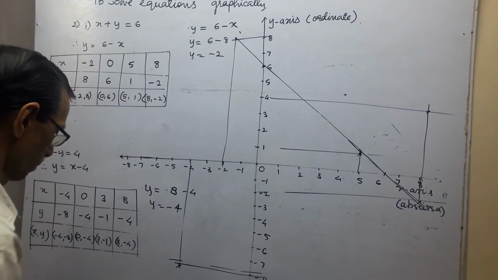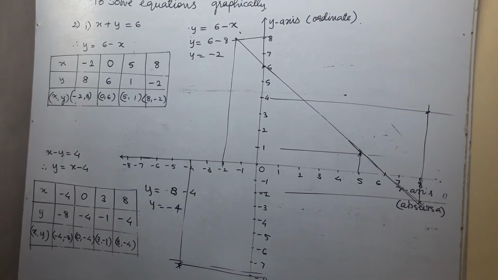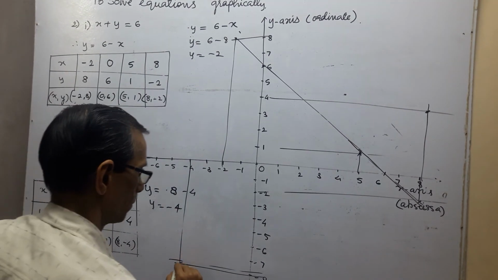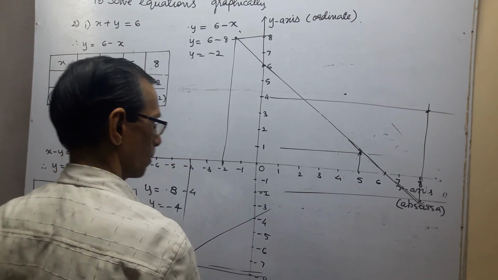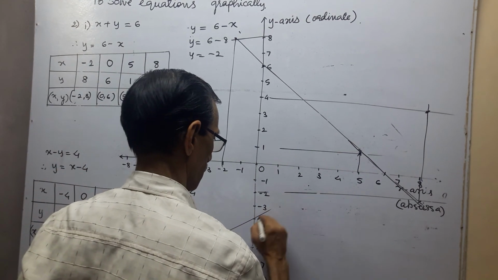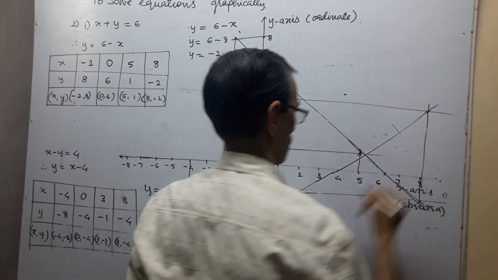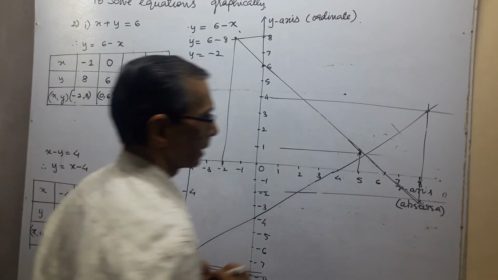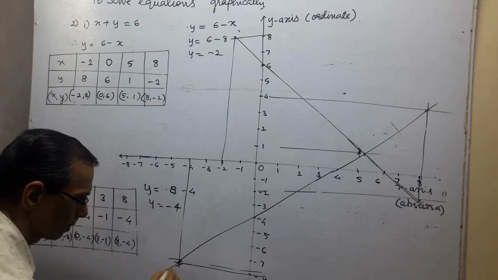And then draw line passing through both the points, and you find that other 2 points are there. And you find that they meet somewhere here. See, both the lines intersect.